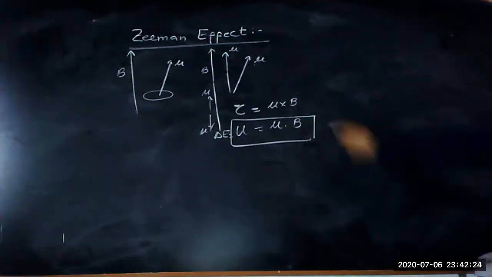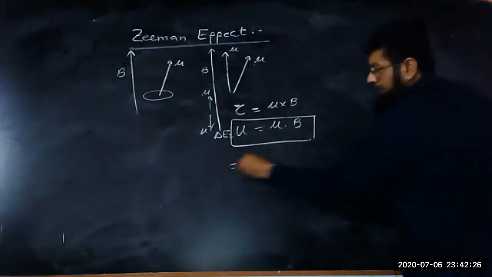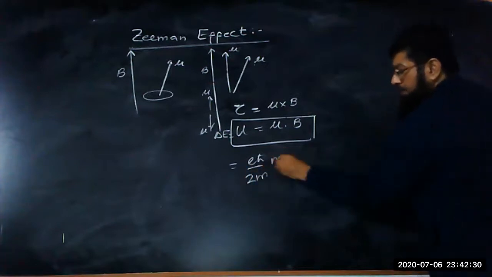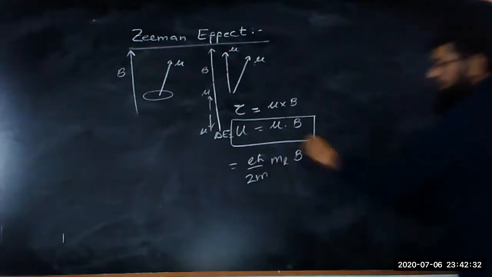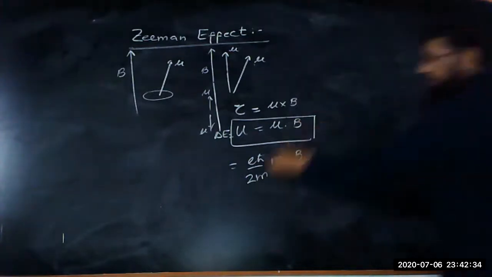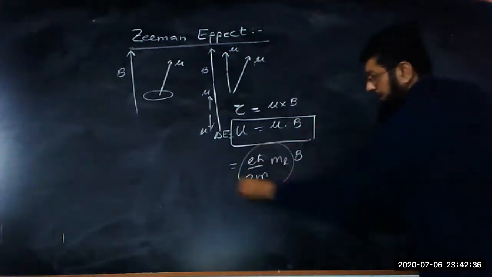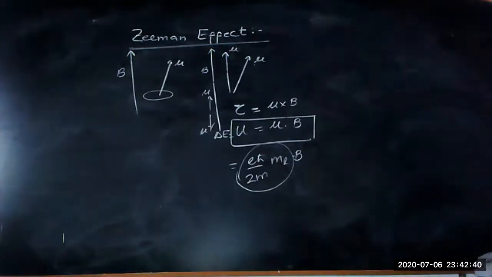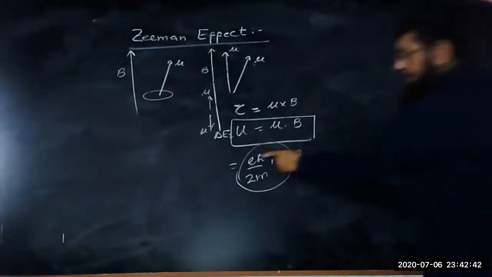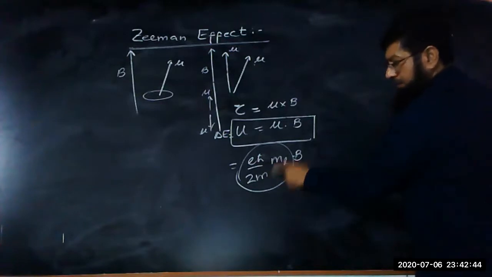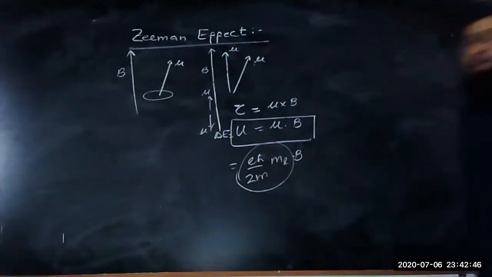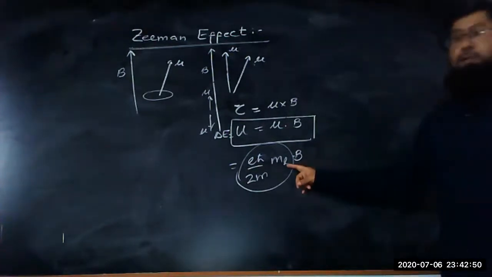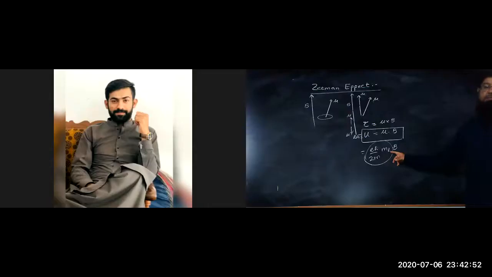So this μ is actually eħ over 2m times ml into B. This μ is equal to this dot B. Here eħ over 2m is constant, and ml is the magnetic quantum number of the orbital angular momentum.